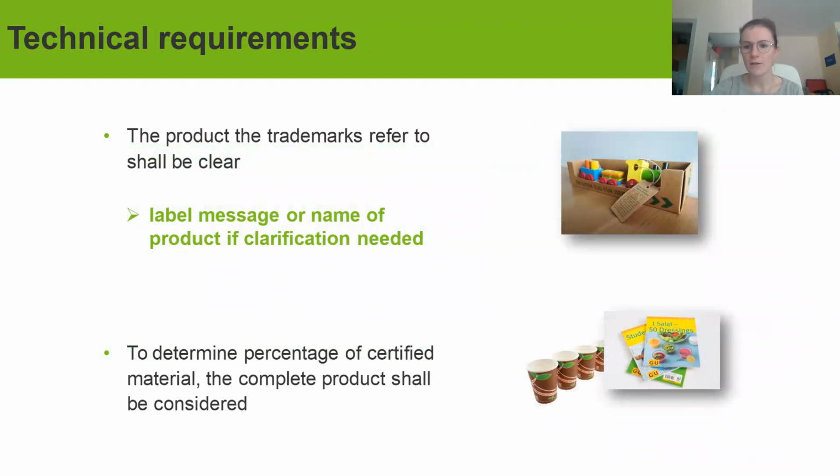As you can see on this image on the right side, there is a wooden toy wrapped in a packaging made of wood-based material. If there were a logo here, it wouldn't be clear if it refers to the toy or the packaging. So in this case, it's needed to add the name of the product the logo refers to.